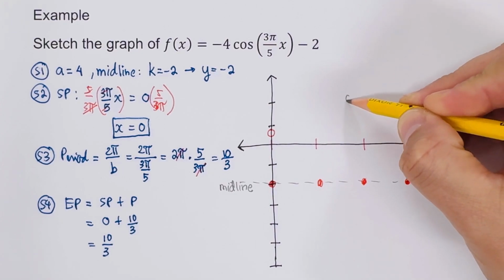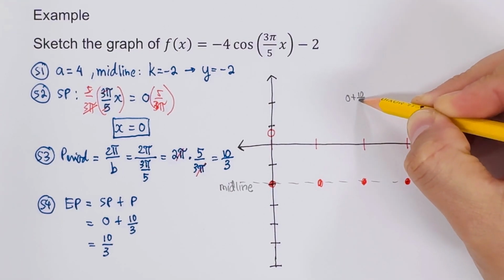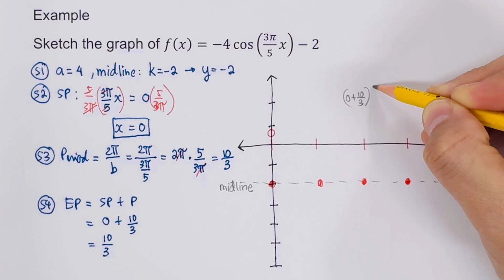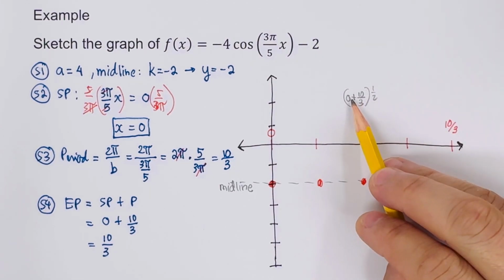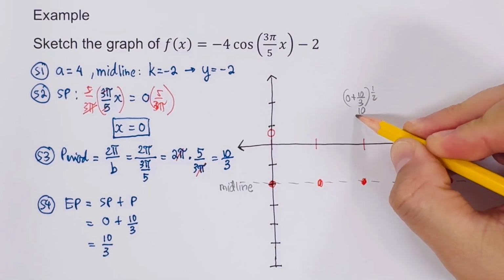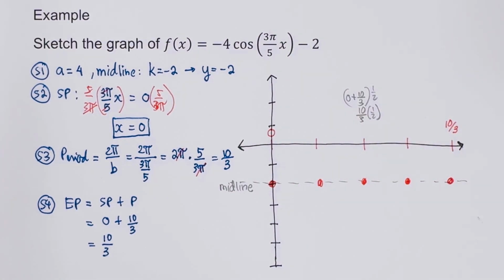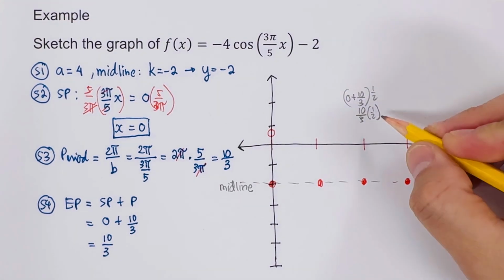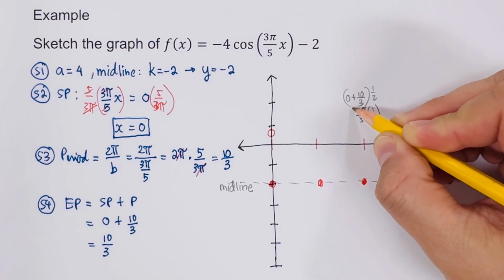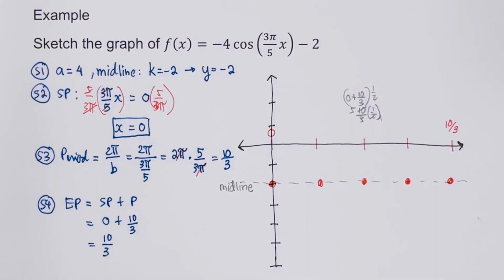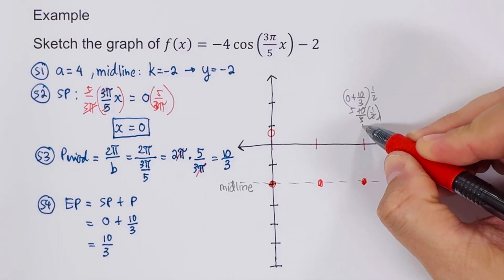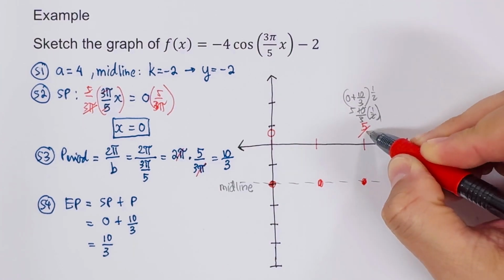So that would be 0 plus 10 over 3, multiplied by 1/2. So this would be 10 over 3 times 1/2, which is 10 over 6. If we reduce this to lowest terms, this is 5 over 3.